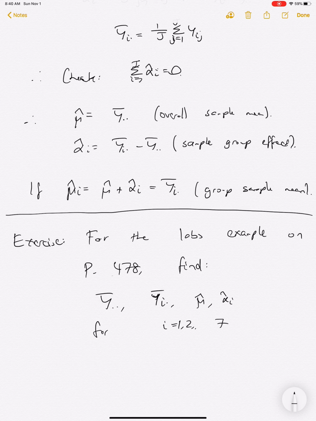Essentially find all of these key statistics. The overall mean is an average of these 70 numbers, and then for each lab, you're just going to get an average of 7 numbers.